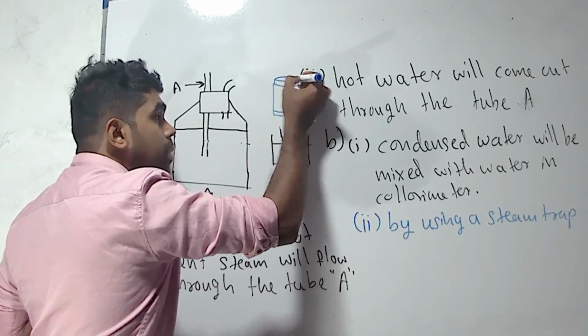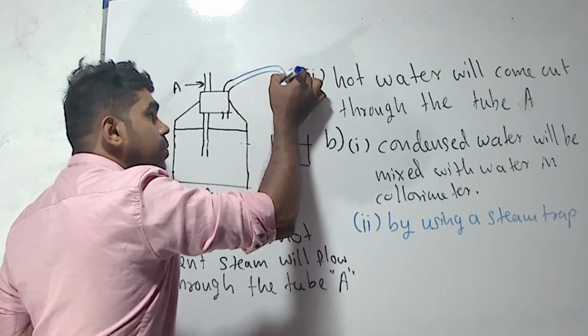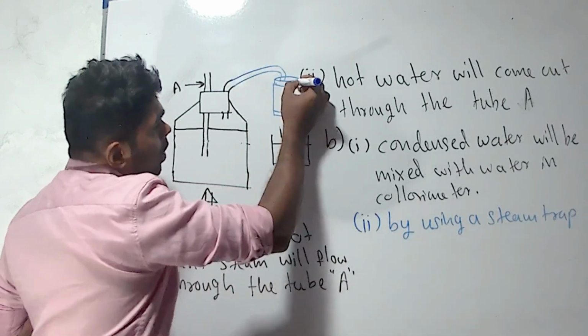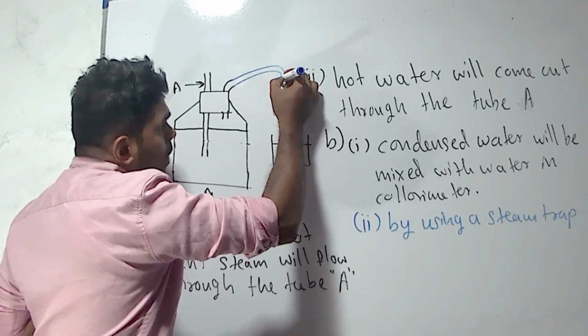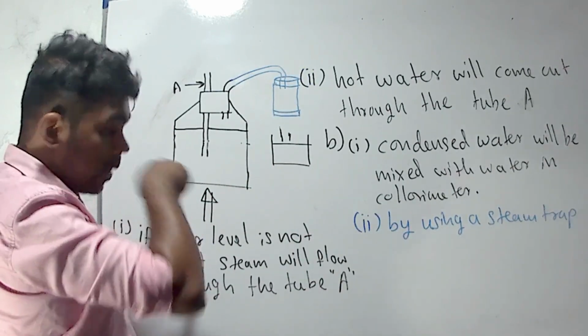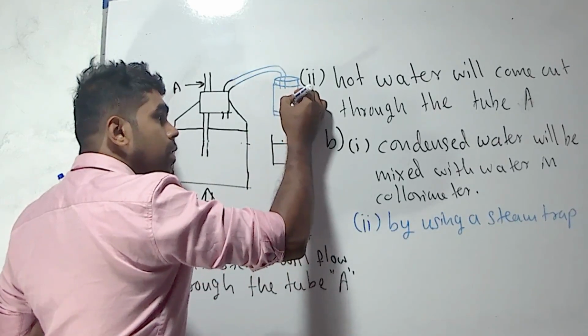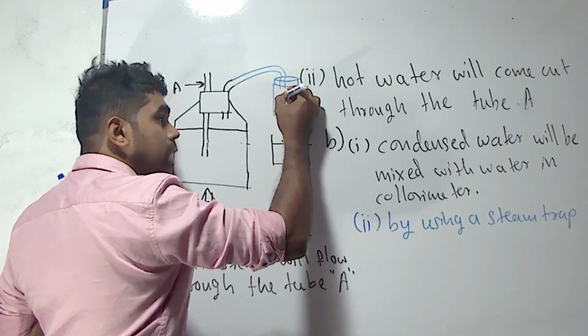In the steam trap, we use the inlet from the upper end, and in the lower end there is a tube which is bending like this.